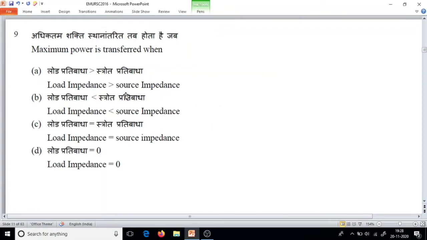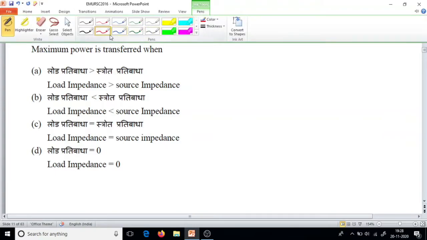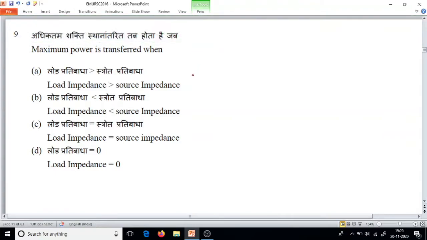Question number 9. Maximum power is transferred when? This is based on the maximum power transfer theorem. We have a source and we have a load.